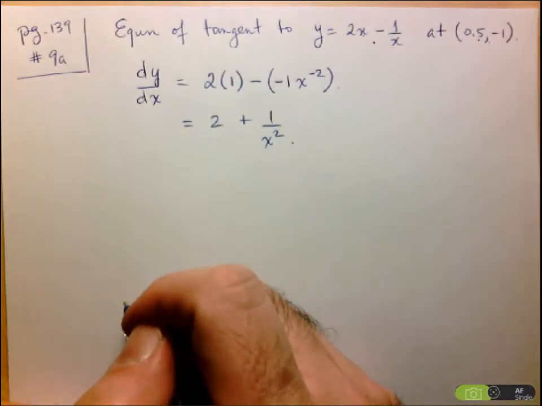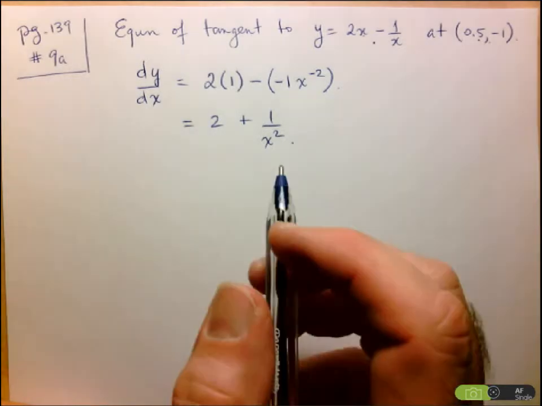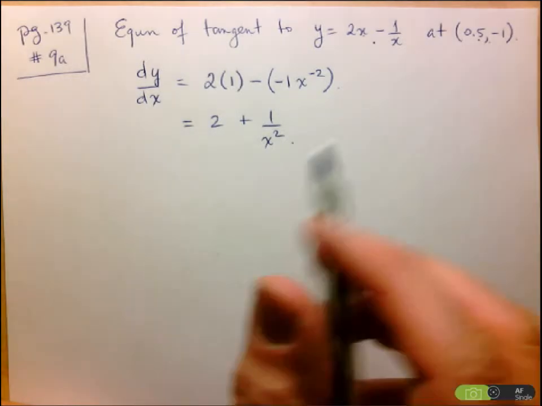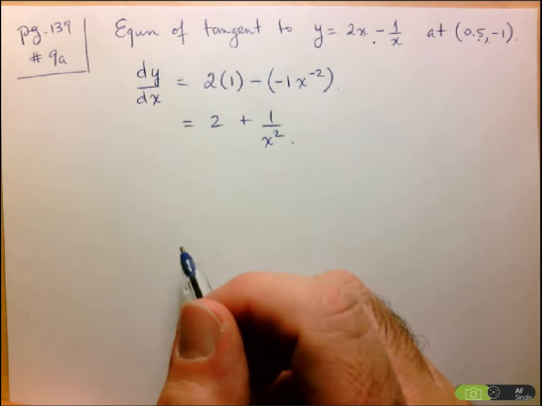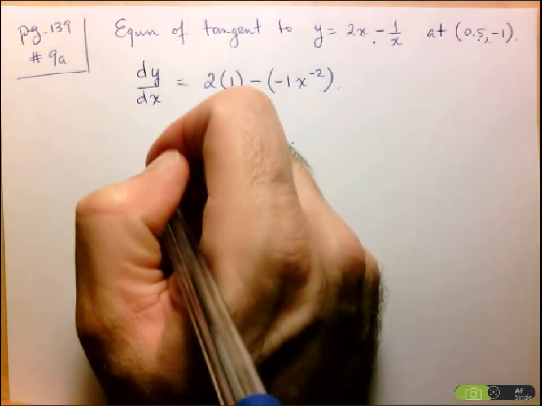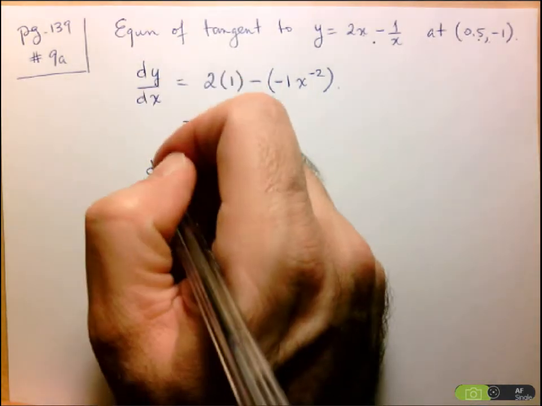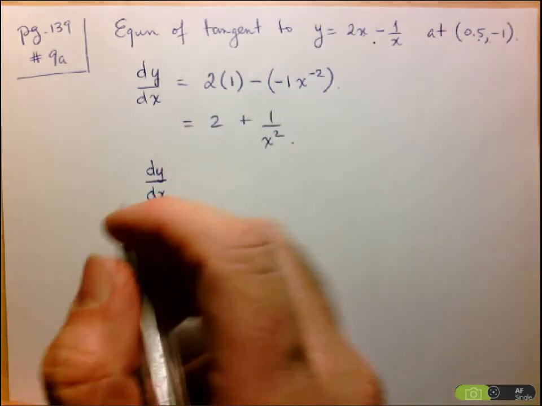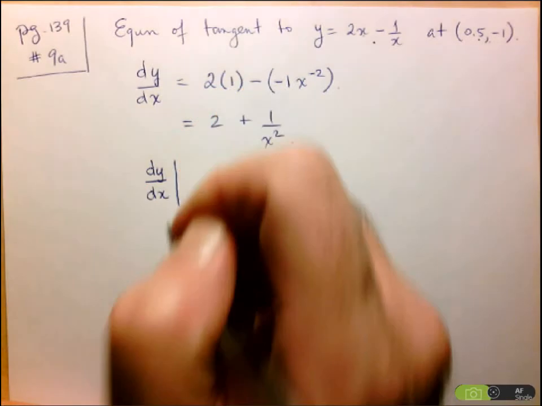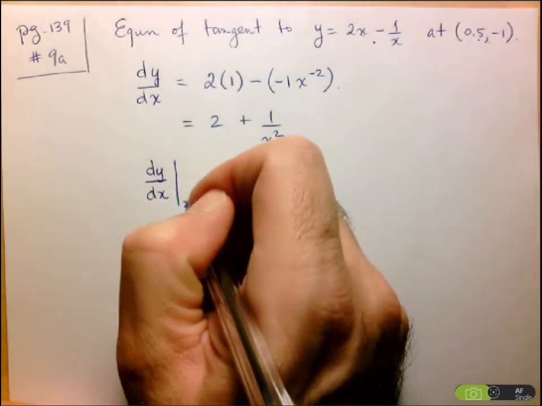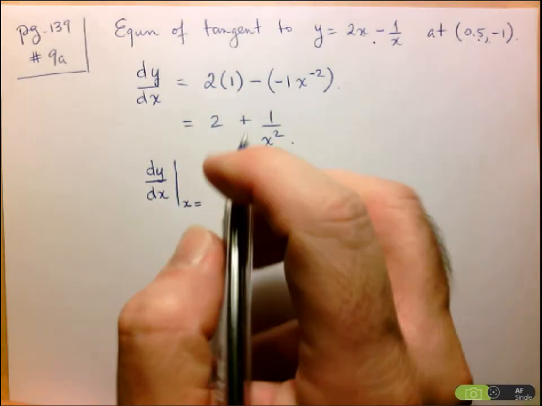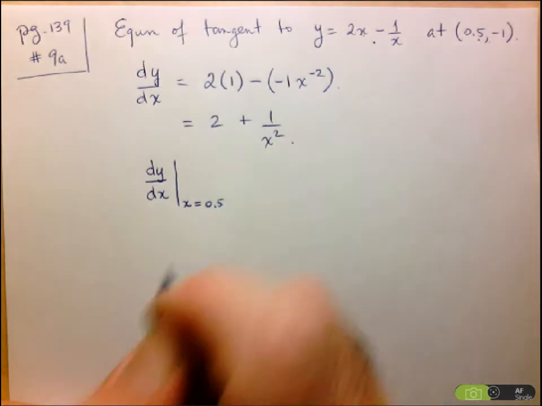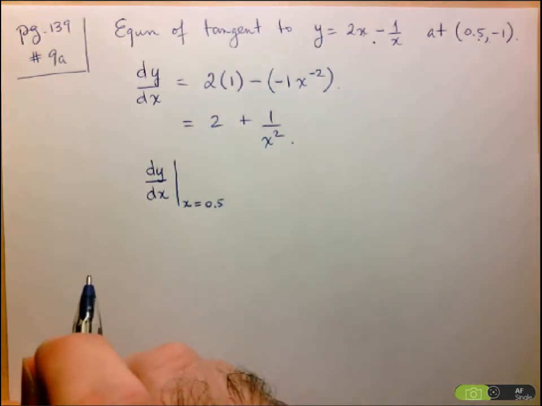But we want the derivative of this function at x equals 0.5. So the way I'm going to write this, if I'm using this Leibniz notation, this represents the derivative function, and I use this line here to represent which x value I'm evaluating it at.